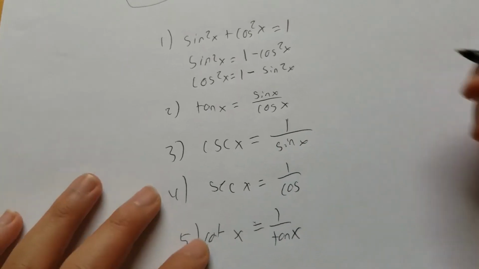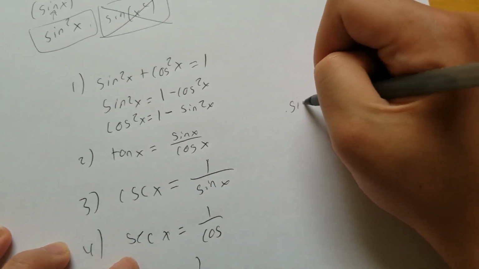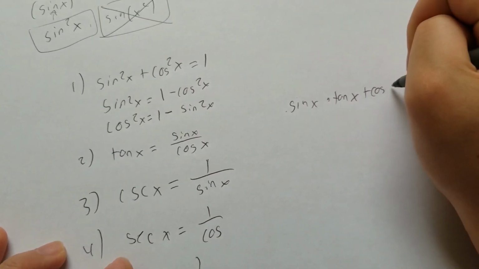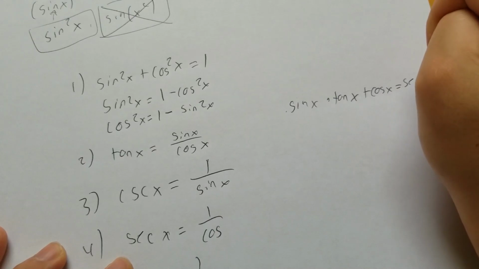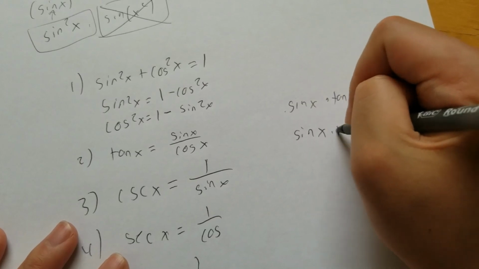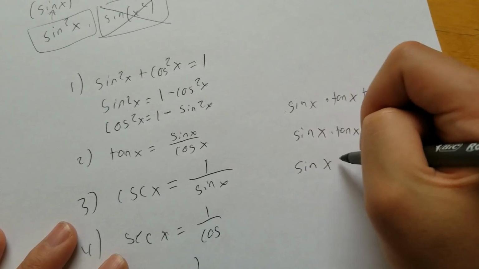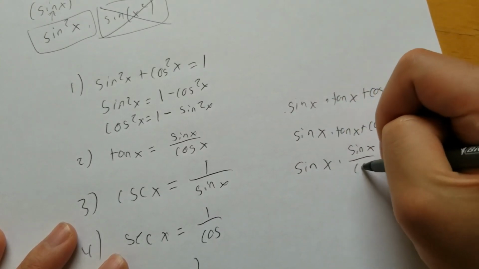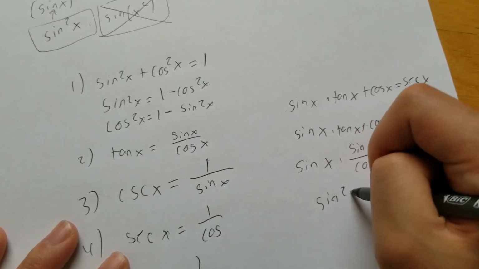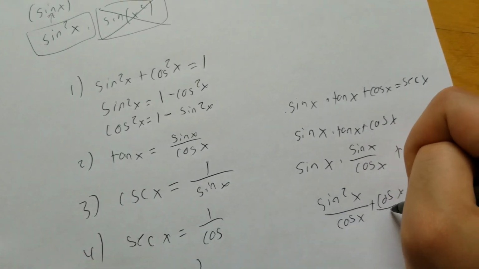So for example, let's say we're showing that sine x times tan x plus cosine x equals secant x. So we'll just write it out, solve it out. Convert your trig identities. And then sine squared x over cosine x, plus cosine x over 1.